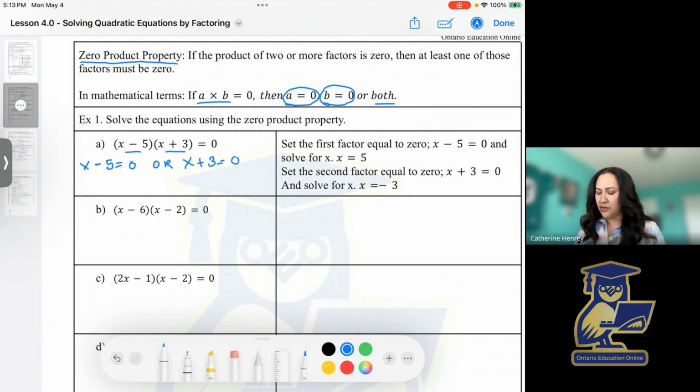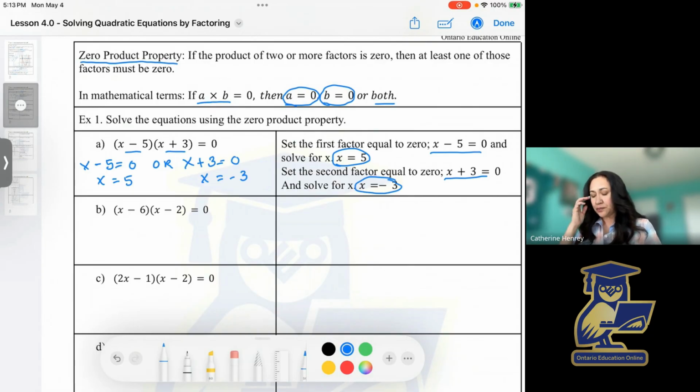So when we solve those, we'll get x equals 5 or x equals negative 3. So we set the first factor equal to 0 and solve for x. And then we set the second factor equal to 0 and we solve for x. So there's two solutions to this example. That means there's two x-intercepts for this parabola.